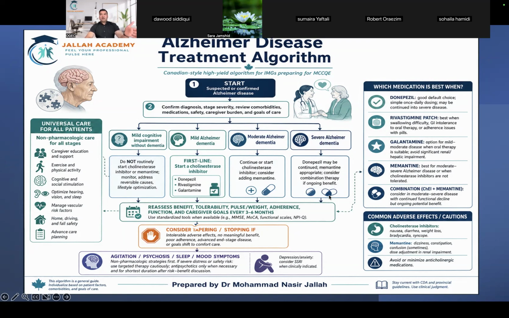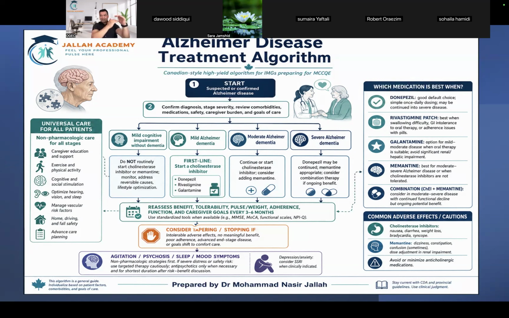In mild disease we have subtypes, amnestic and non-amnestic. If it is non-amnestic, the memory is not the problem, it is language and other things, so you don't have to start the medication.